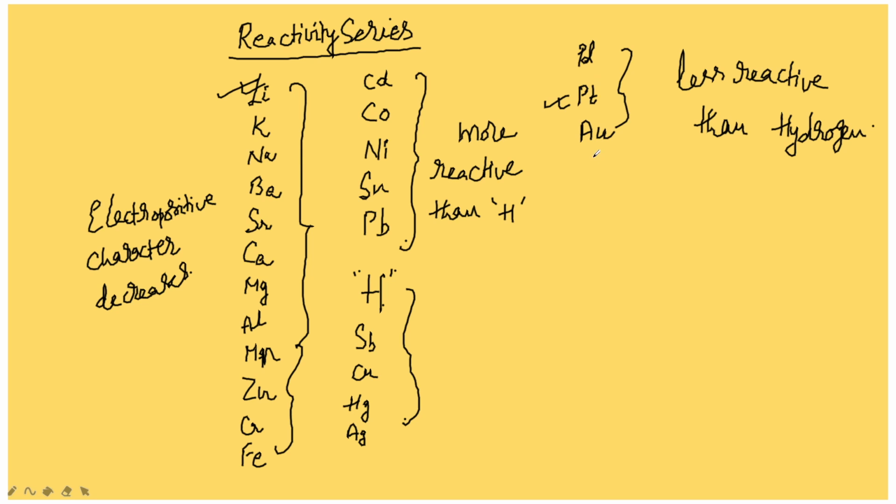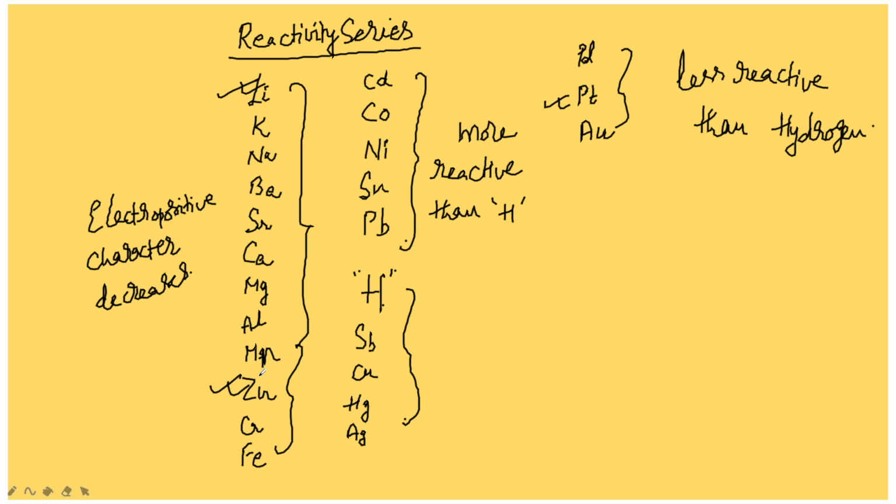So the activity series is used to predict the displacement reaction in which one metal is displacing another metal from the solution. A metal in the activity series displaces a metal coming below it in the activity series and not the ones which are above it. Okay, so zinc is here.